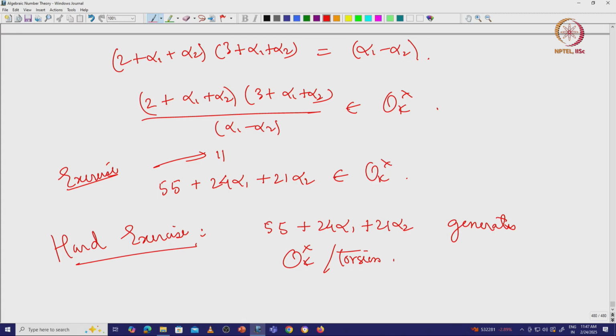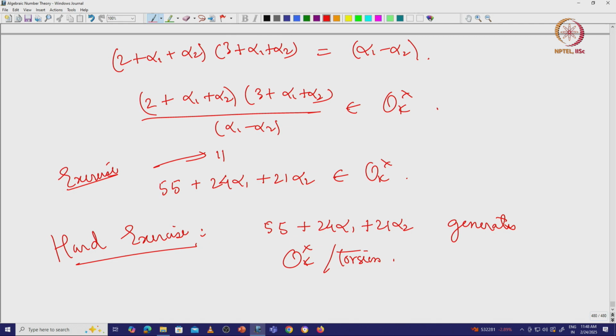Okay. So, as I said, this is a somewhat difficult exercise to do, but it can be done. You can show that any unit is an integer power of this. So, integer power could be negative as well. You can take this to the minus 1 and you will get another unit.